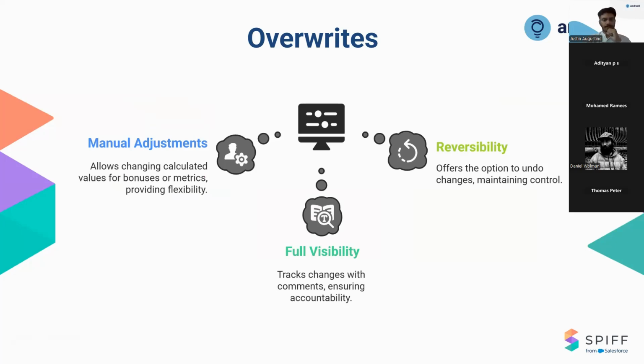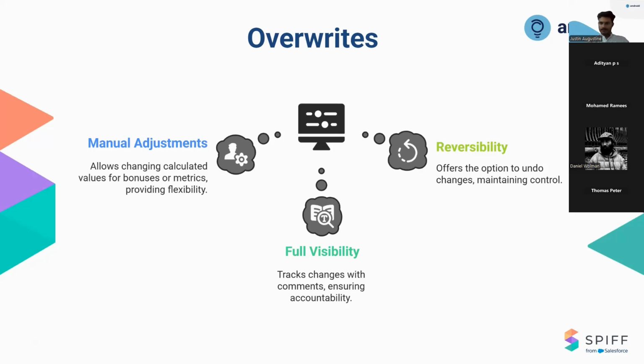This function allows for adjustments to values like commission payouts, providing flexibility, but also potentially breaking the automatic trace of how the value was originally calculated. Overrides are tracked and recorded with comments for audit purposes. If data was mistakenly synced to Spiff that was wrong or mismatched, that can be solved using this override functionality instead.